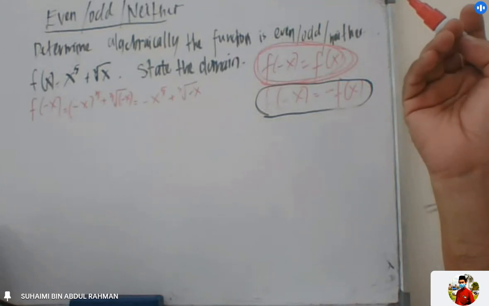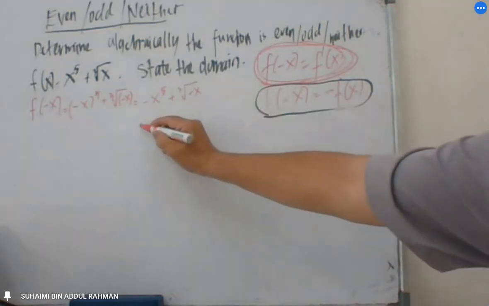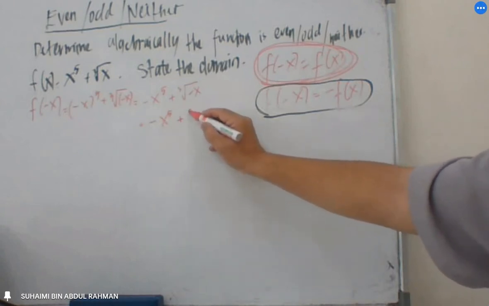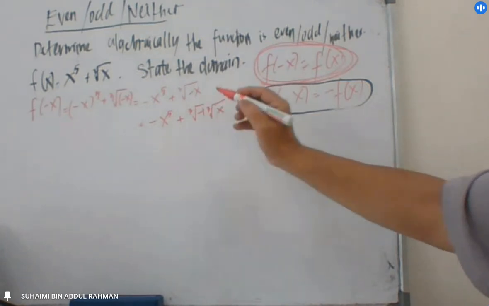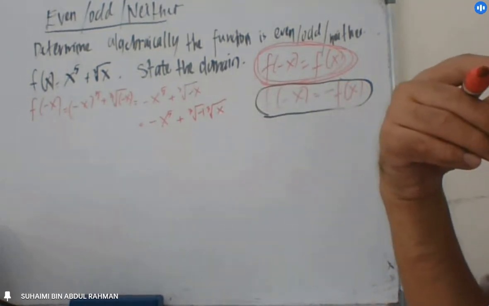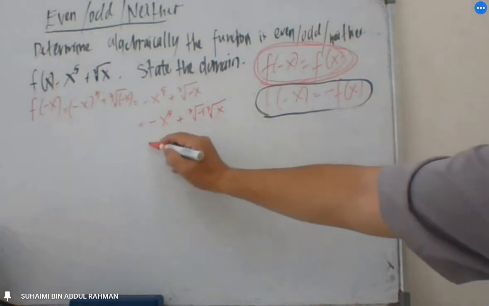Minus x to the power of 5 plus cube root of minus 1 times cube root of x. We change cube root of minus x as cube root of minus 1 times cube root of x.